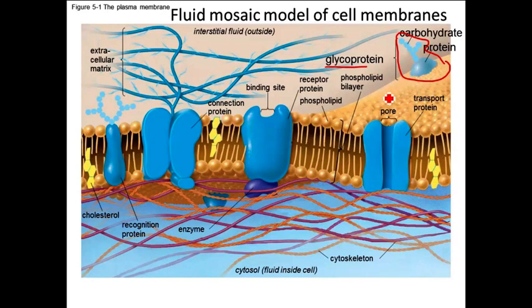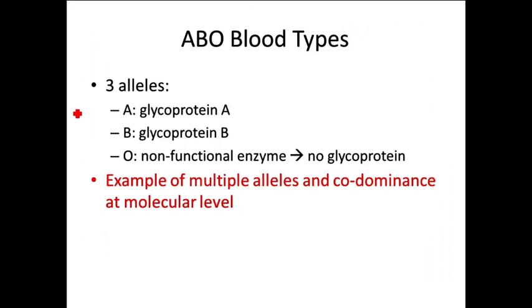So on the red blood cell surface, there are these proteins sticking out with different carbohydrates. Your immune system can recognize what version you have, and it recognizes that as your own blood, right? It's really important because you don't want your immune system to attack your own blood. That would cause death.